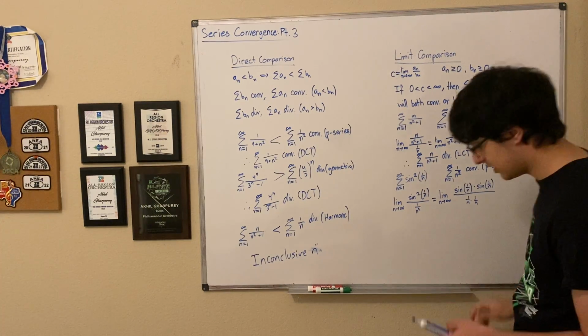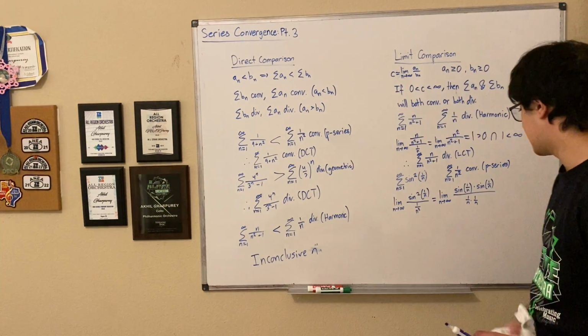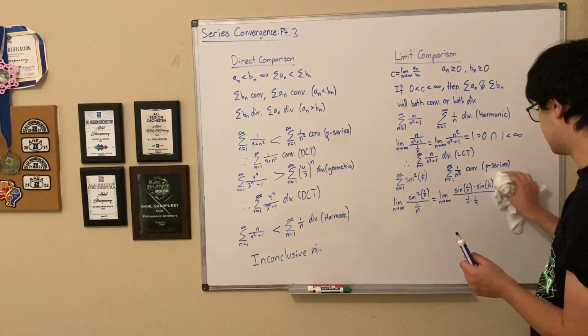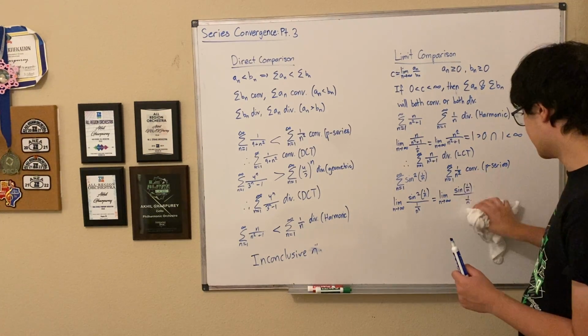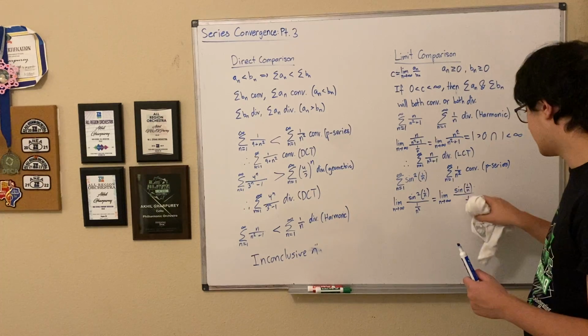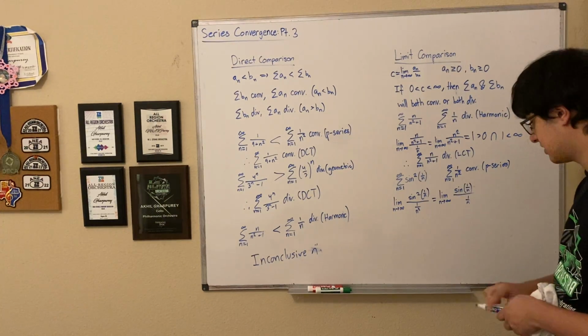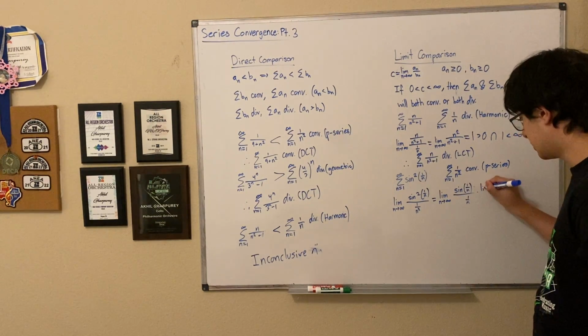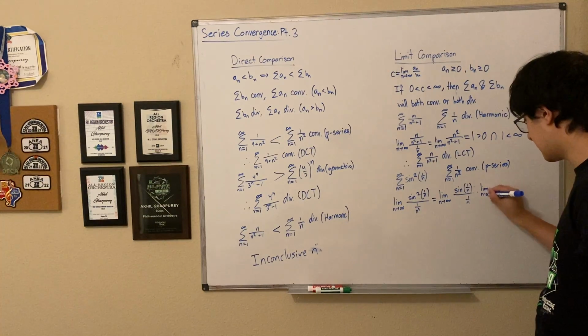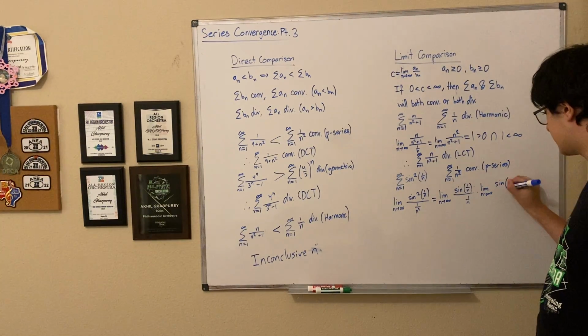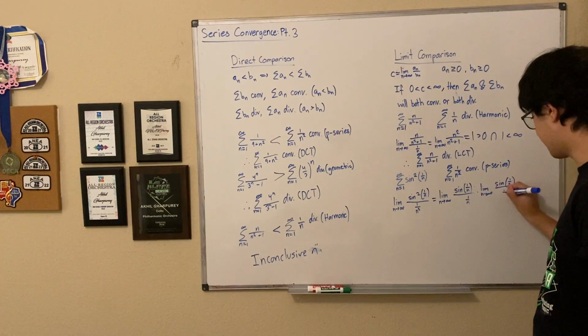I can split this limit into two because that's a property of a limit. So we have the limit of sine of 1 over n divided by 1 over n, times the limit as n goes to infinity of, again, sine 1 over n divided by 1 over n.